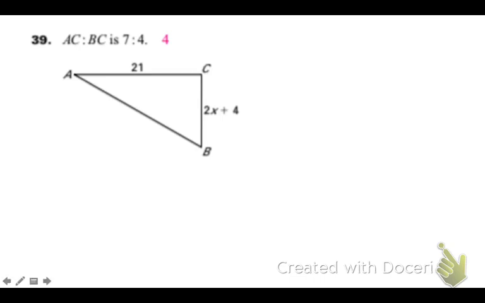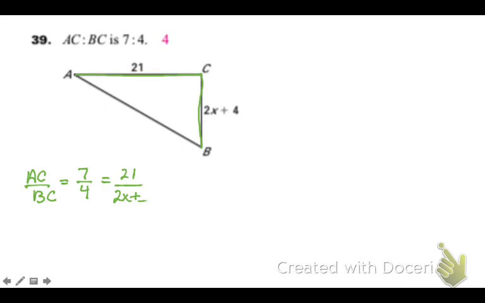We have AC over BC. The ratio is equal to 7 over 4. AC is equal to 21. It's messy. 21 over BC is equal to 2x plus 4.